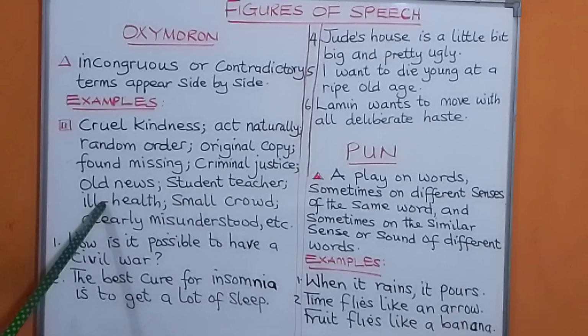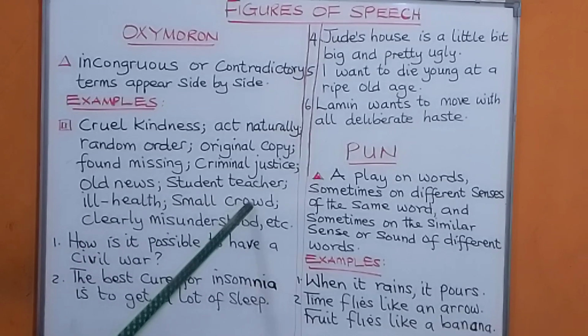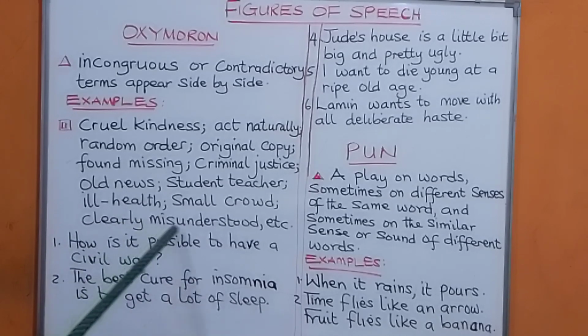You are saying ill, sick, and you are saying health. Or small crowd. How can it be small and a crowd? Or you say clearly misunderstood. Oh, you clearly misunderstood the man. How can you say clearly and misunderstood again? That is when we use oxymoron.